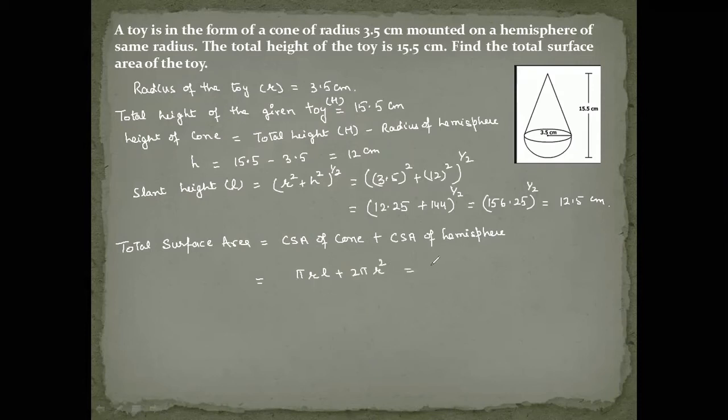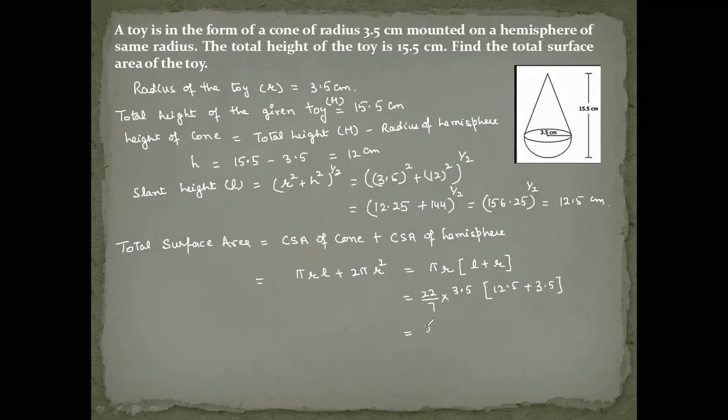So pi is common, r is common because the radius is the same. So inside we can write L plus R. Here pi is 22 by 7, R is 3.5, L is 12.5, and R is 3.5 again. So let us solve this value.